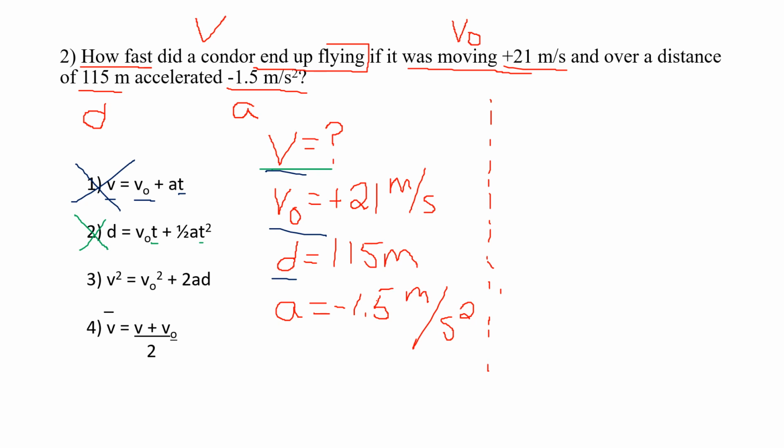Okay, all right, let's keep going. This one has a v, v naught, a, d. Perfect match. This is the equation that we're going to use. We're not going to use a 4. It doesn't mention average velocity anywhere.